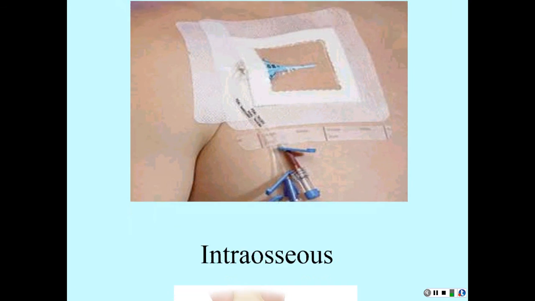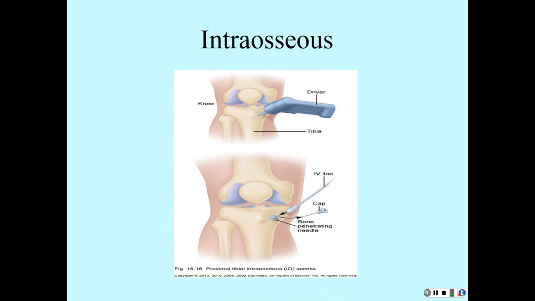All right, I think we've got one other one. This is an intraosseous line. This is a line that is in the bone marrow. This one is in the proximal tibial area. You can use these on children. You've got to avoid the growth plate, though, in their bones.